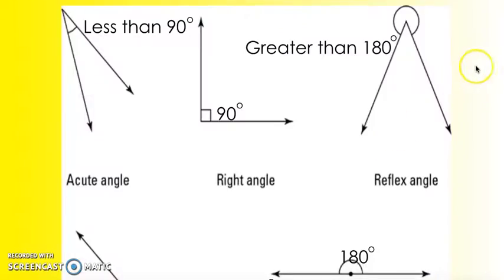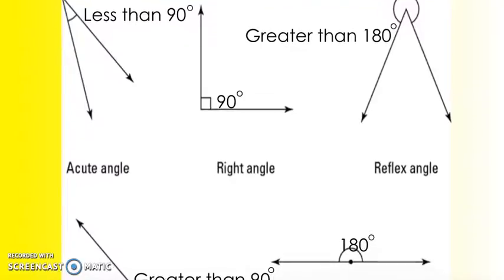So these are all the different types of angles. We have angles that are less than 90 degrees. Those are called acute angles because they're so darn cute. And then we have 90-degree angles, and those are called right angles.